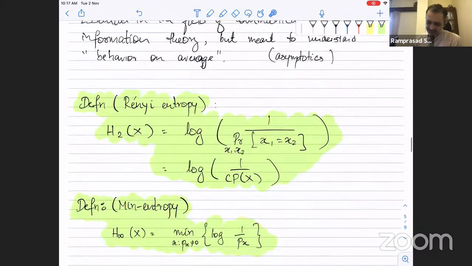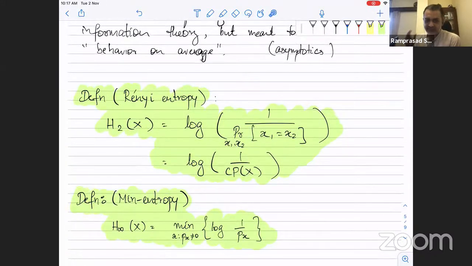There's another entropy called min entropy, and in fact, this is what we will be studying most of the time. Among all points in your support, that is, places where you take a value with non-zero probability, look at the log of 1 over the probability and take the minimum.